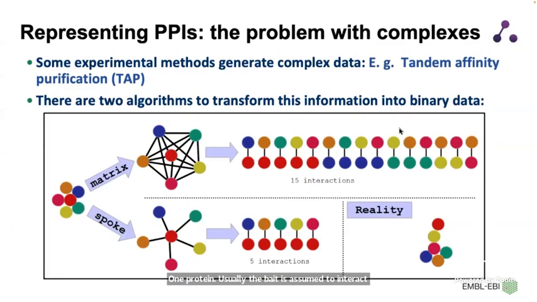The matrix expansion model generates a lot of false positives, and it becomes complicated. It generates a lot of data, and it is really complicated to maintain such dimensional information in a database. The spoke expansion model produces less noise, but in both cases, they may not be representing the accurate biological information, which is happening in the physiological condition, but we have to make a compromise here.